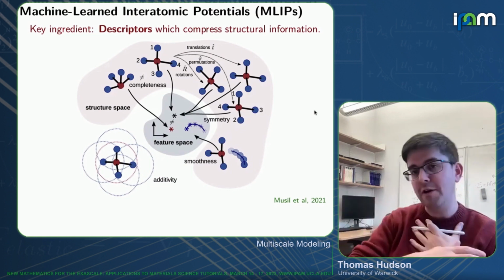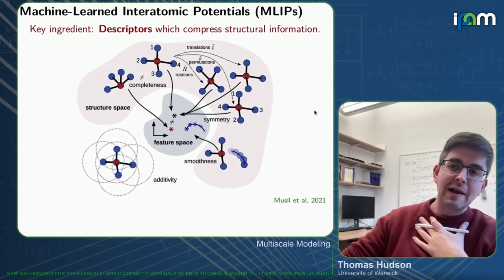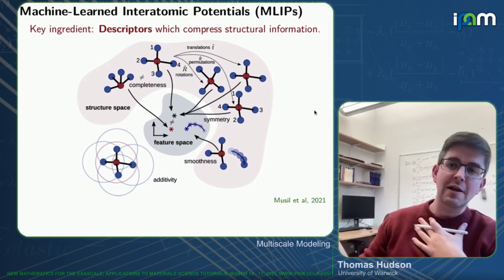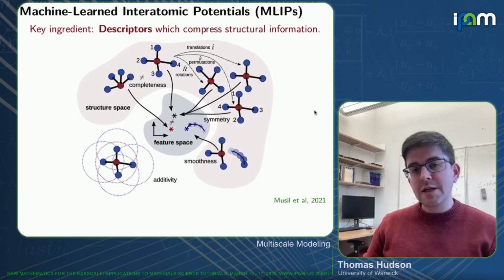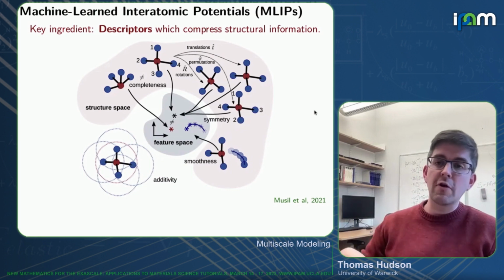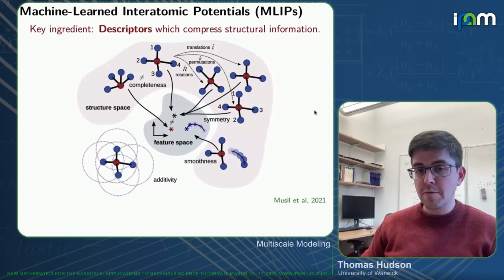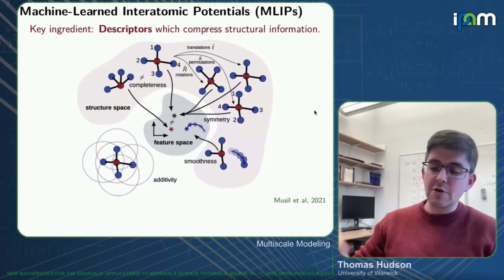If I translate something in space and if I rotate it, then up to translation and rotation, I will get the same results. And the idea is that if we want to compress information efficiently, we want to remove those symmetries from whatever our descriptor is, because by building those symmetries into the descriptor, we make the extrapolation properties of our descriptors much more efficient.